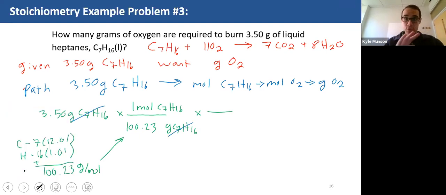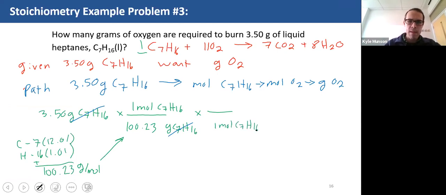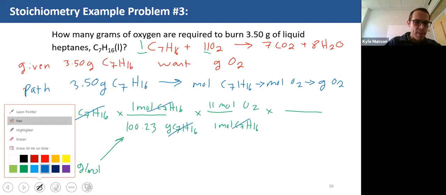So to do the next conversion, we use the coefficients. For every 1 mole of heptane, there are 11 moles of oxygen. And again, these units cancel out. That's a key that needs to happen.